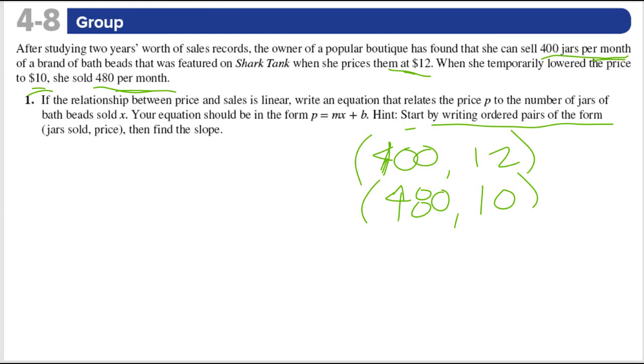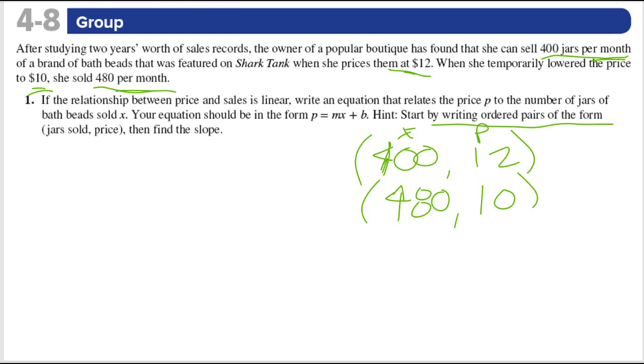That kind of helps us see it in terms of mathematics. In terms of the story, we can see there are 2 points. Now I have my X and my P. When I put it in the ordered pairs, hopefully you're seeing that better. Don't worry if you're not. That's okay.